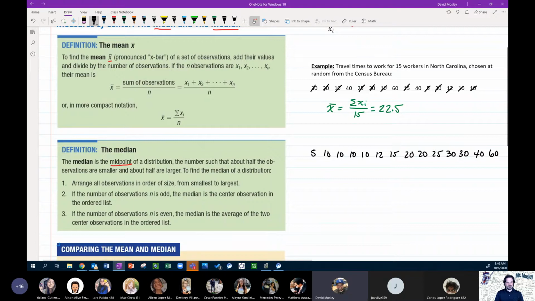I count 14, so I missed one. Oh, there are two 40s. There we go. All right, and now the easiest way to find the middle when we have a short list is to start crossing things off.